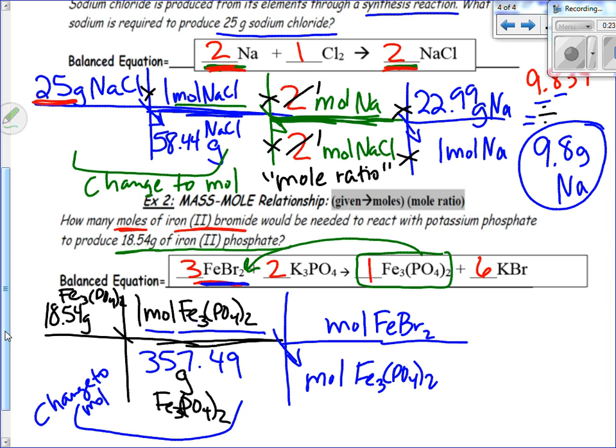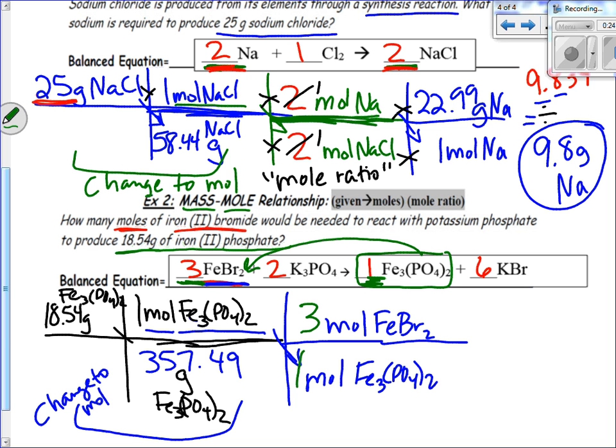Now, we have how many moles of FeBr2? 3 goes there. How many moles of our iron 2 phosphate? 1 goes there. And because it's mass to mole, do I need to go any further? I'm done. I'm at moles, right? So that one only takes 2 steps.